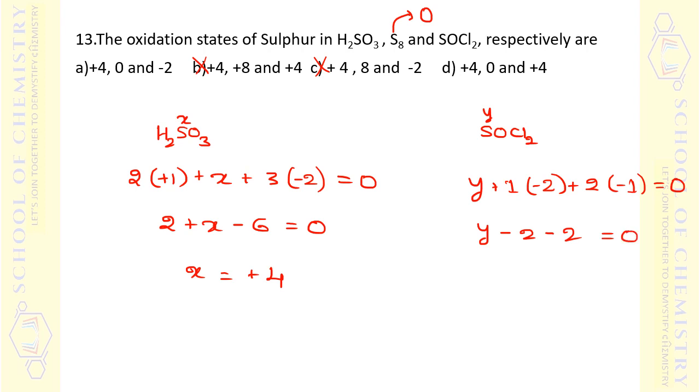That is equal to 0. So in this case also -2 -2 will be -4. -4 if I take it to the other side it will be +4. So Y, oxidation state in this case also, is +4 itself. So therefore the correct answer for this should be option D, and it is +4, 0 and +4, right? Here they have given -2, which is wrong. So the correct answer for this is option D.